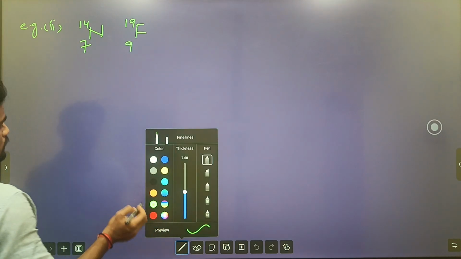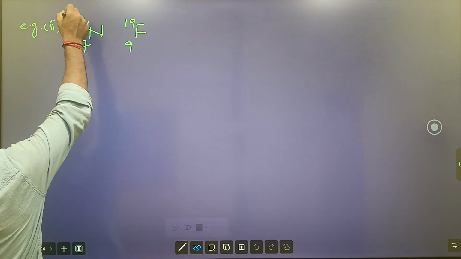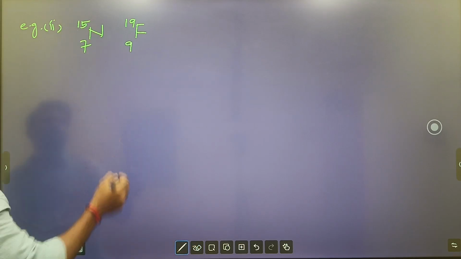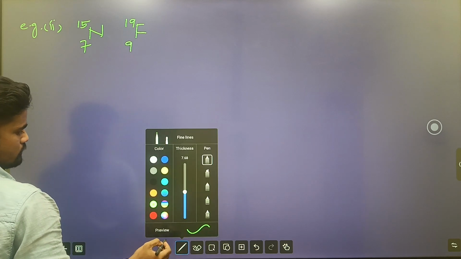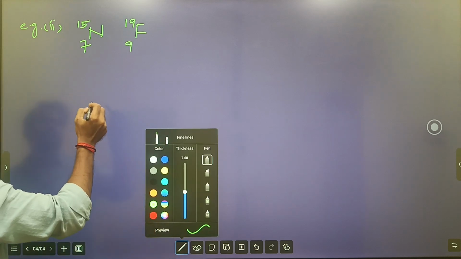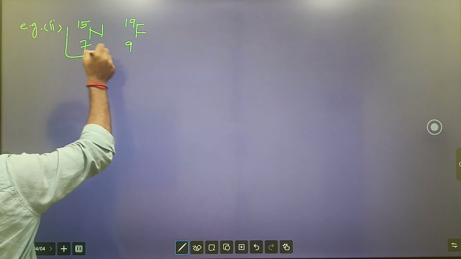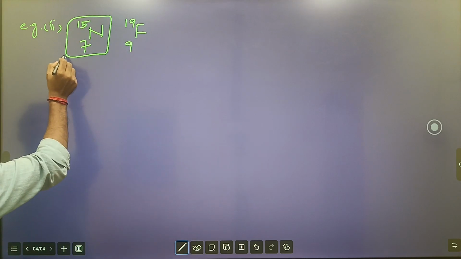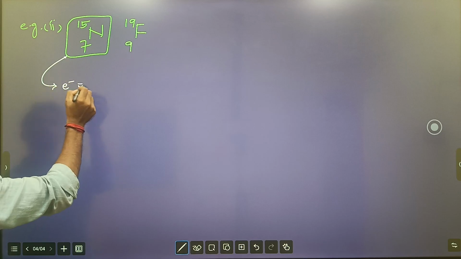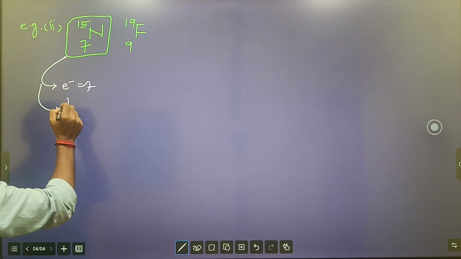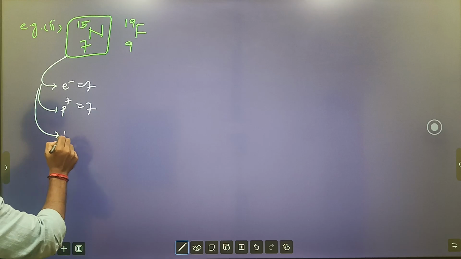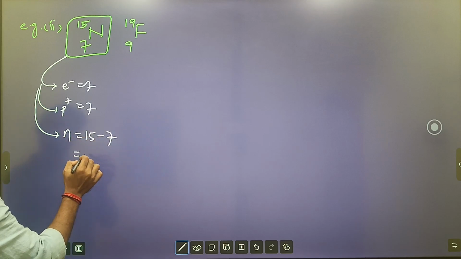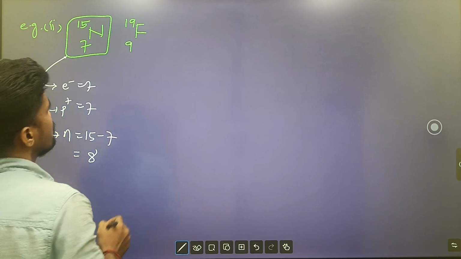One more isotope, 7, 15. Now check it out. In this case, electrons equal 7, protons equal 7, neutrons are 15 minus 7 equal to 8.